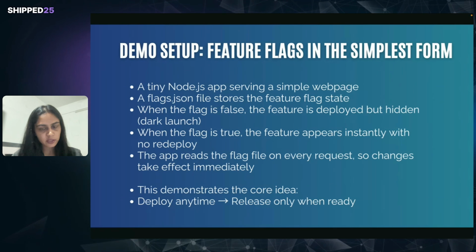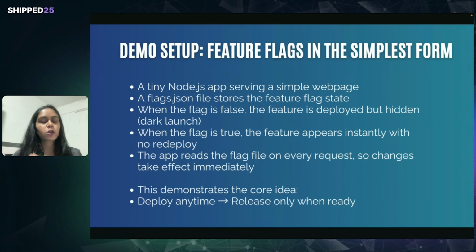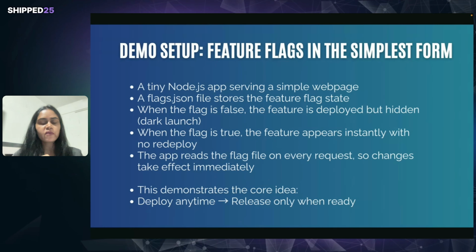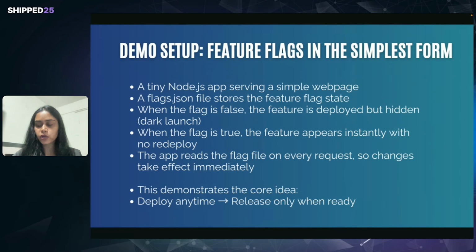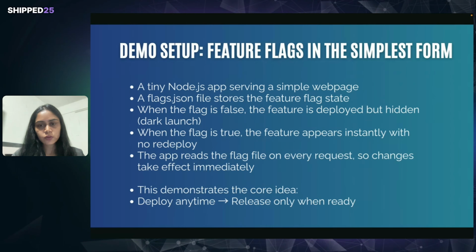The code exists, but the user won't be able to see the new feature on the product. That is how a classic dark launch looks. Whenever we change the flag to true, the feature is going to appear instantly, without restarting the application or redeploying the product. So that is how this feature flag works.